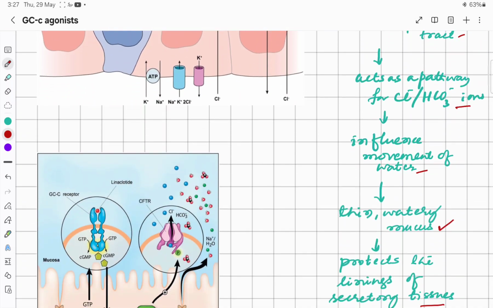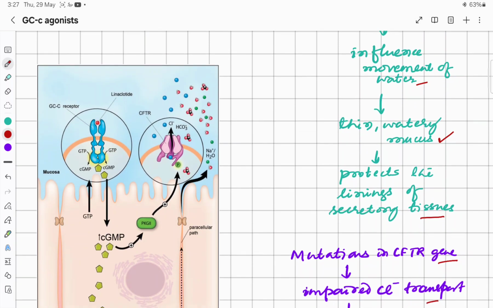So you can see linaclotide is an agonist of the guanylate cyclase C receptor, a transmembrane receptor, and it increases the production of cyclic GMP, which activates protein kinase G, which then activates the CFTR. CFTR-associated chloride and bicarbonate are secreted into the GI lumen, and their concentration in the lumen increases.